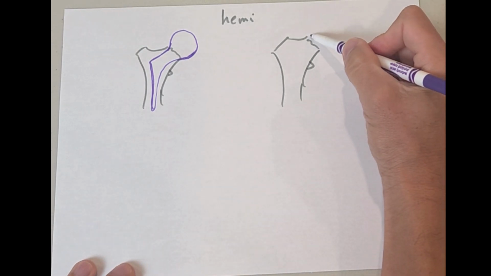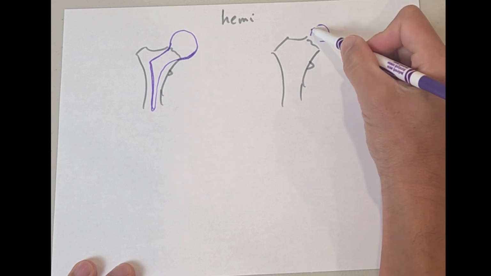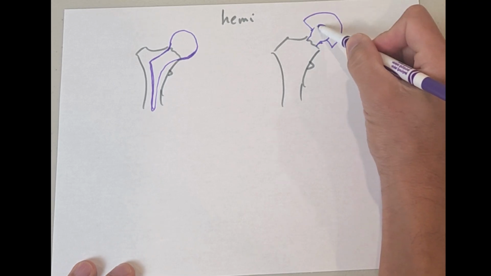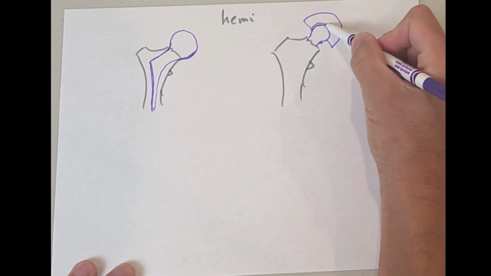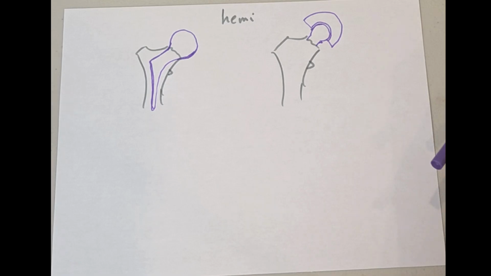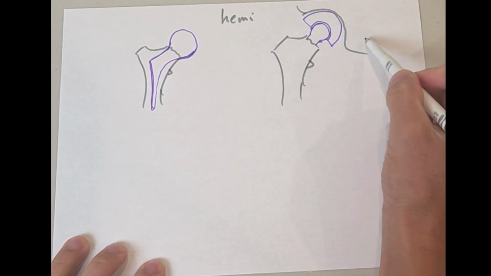So you have a littler ball that looks something like this, and that sits within a bigger ball, which looks something like this. So there's a piece of plastic in between. So this ball will spin within this one, and this ball will spin within the patient's native bone, like this.